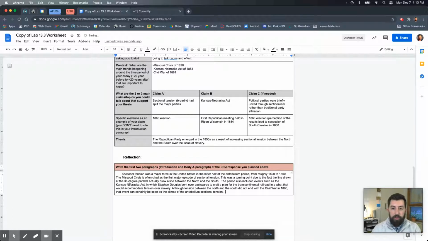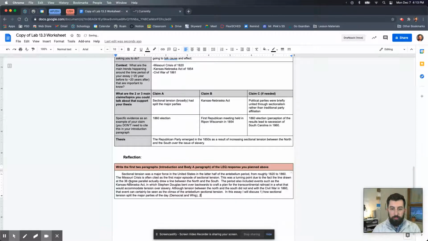All right, in this essay, it's time to give my supporting claims. In this essay, I will discuss one, how sectional tension split the major parties of the day, Democrat and Whig.